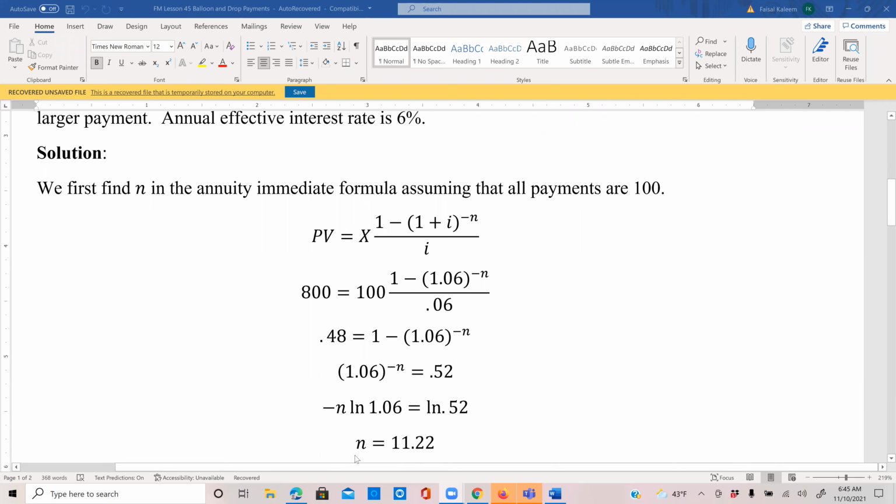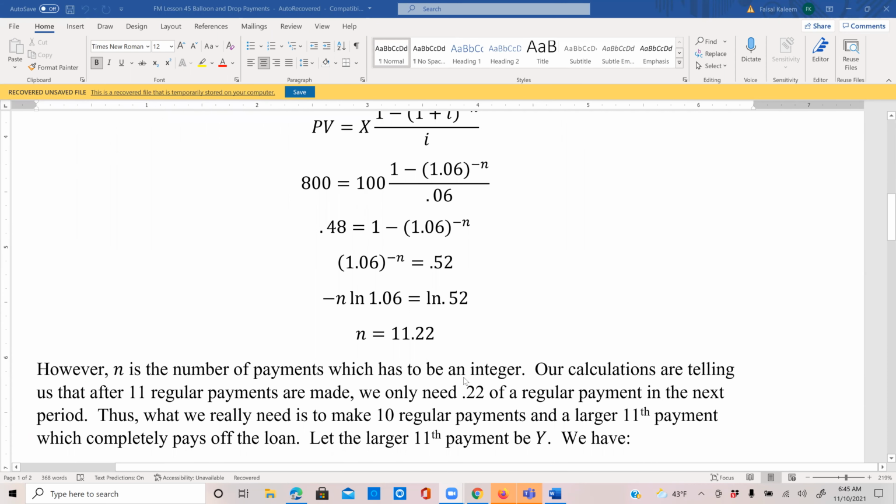Now, remember, n is the number of payments, which has to be an integer. So 11.22 payments make no sense. What our calculations are really telling us is that once you've made 11 regular payments, you only need 0.22 of a regular payment in the next period in order to pay off the loan.